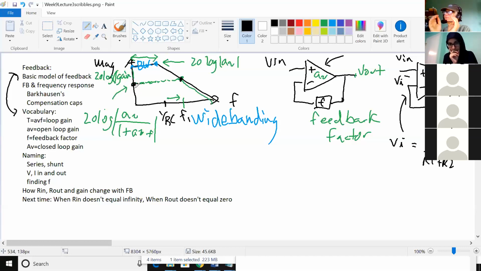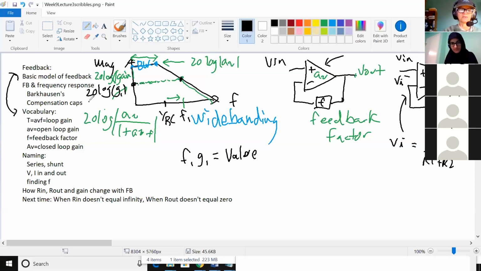If you solve and figure out what gain is, let's call this 20 log of gain 1, it turns out that F1 times G1 equals some value. If you take a different gain, 20 log of G2, we'll call this F2.